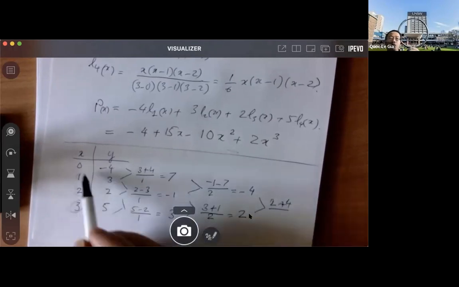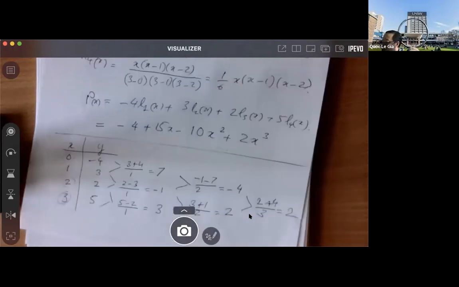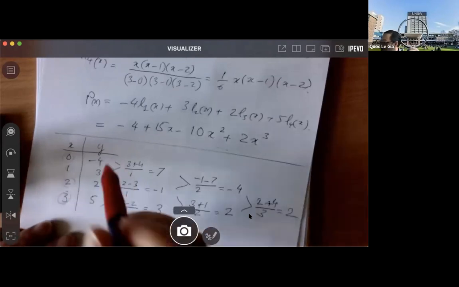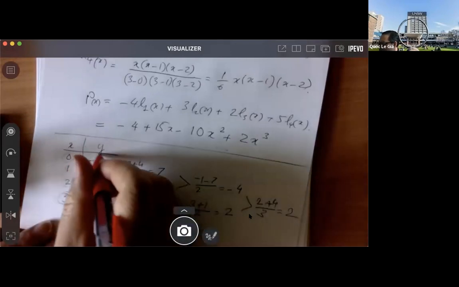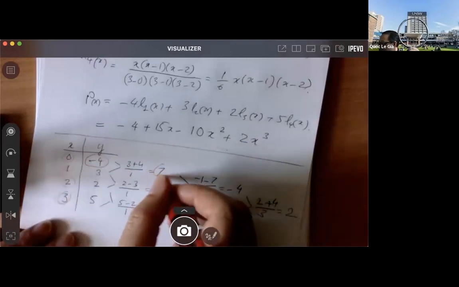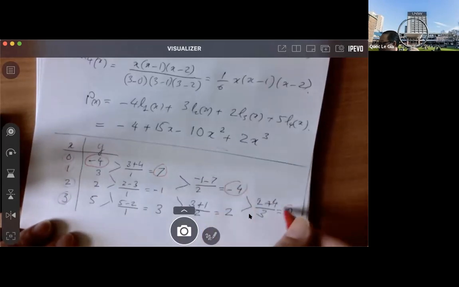So very simple calculation. Now you identify the divided difference coefficients: minus 4, 7, minus 4, and 2.